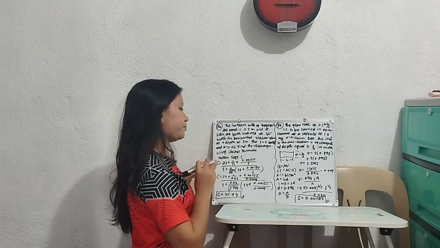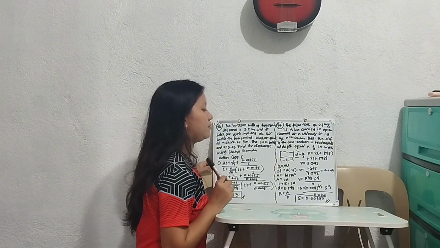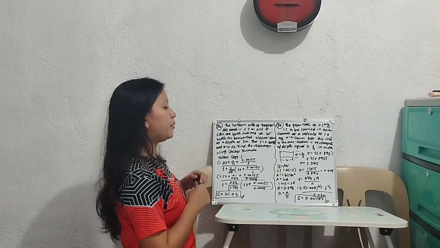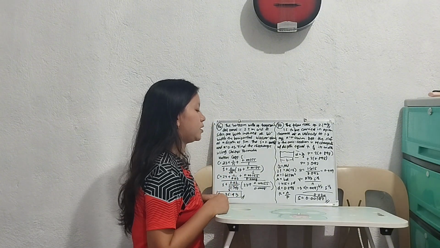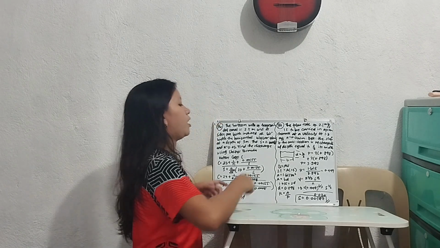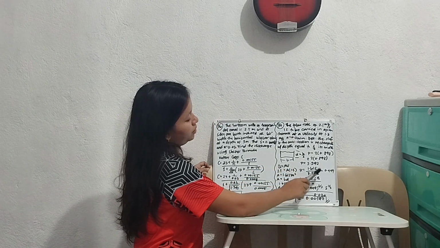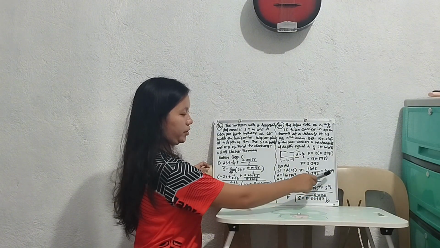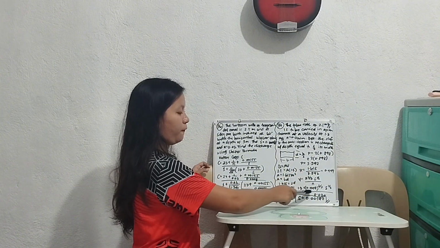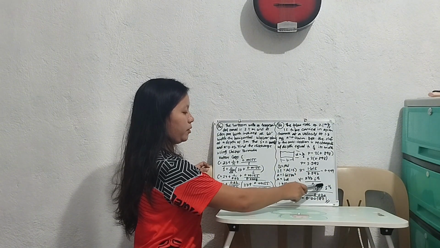So the last but not the least formula is we have V equals hydraulic radius raised to the power of 2/3 times the slope raised to the power of 1/2 over N. So we have the hydraulic radius, which is 0.449 raised to the power of 2/3.